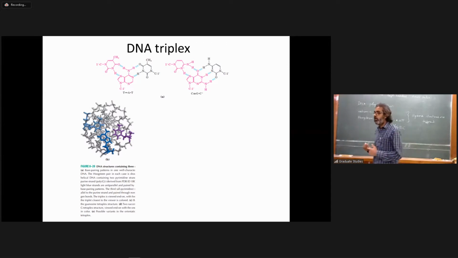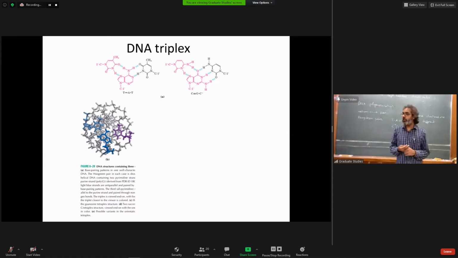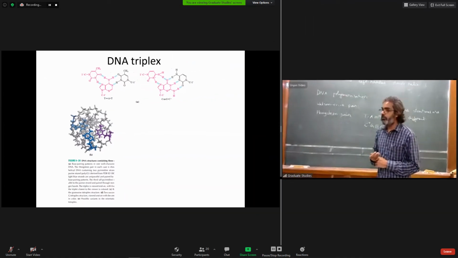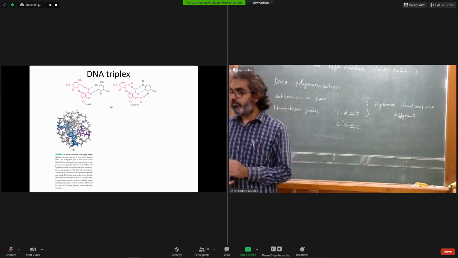Okay, so without that, you cannot really have a Hoogsteen pair between C and G, because you need that positive charge. Otherwise, you will be able to form only one hydrogen bond, which is not really stable. So if you have the protonated C, then it can very easily form a Hoogsteen pair bond with this. Okay, that's one aspect. Okay, what are the other aspects?